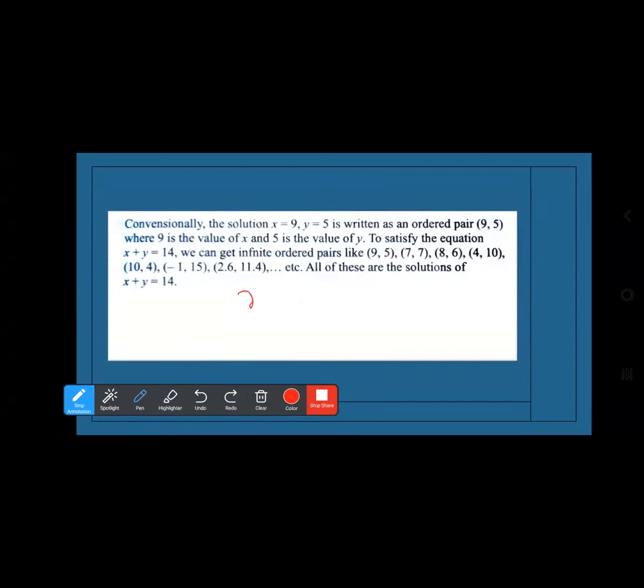So if I take 7 and 7, the value for x as 7 and y as 7, whatever value you take for x should be written first, and the value for the variable y should be written afterwards.